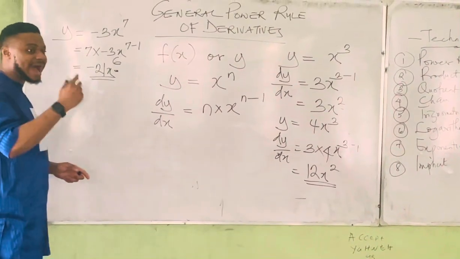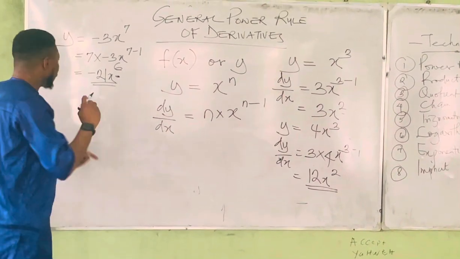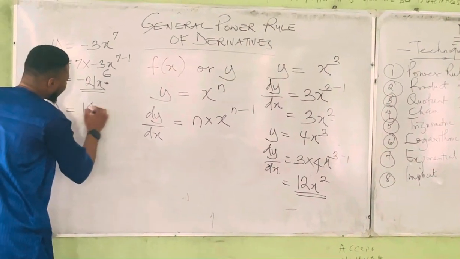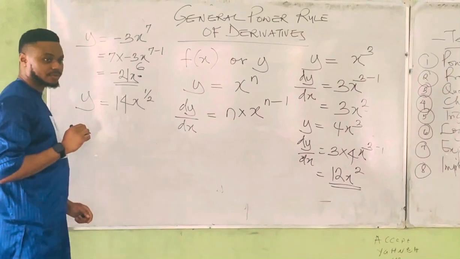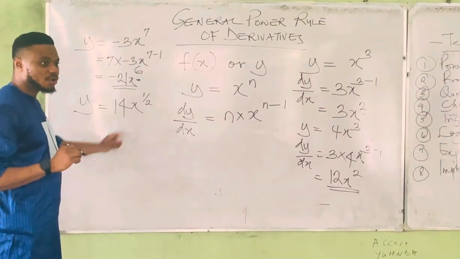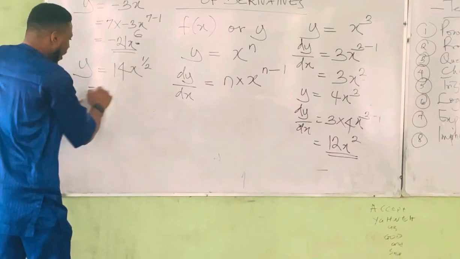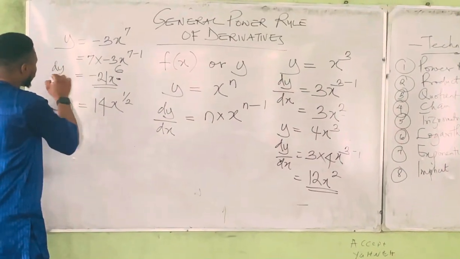Now we can also have a fraction as our power. Something like this. Let's say y equals 14x raised to power 1 over 2. This will still be the same pattern. You carry your power to get your dy over dx. Remember, this is the dy over dx result.